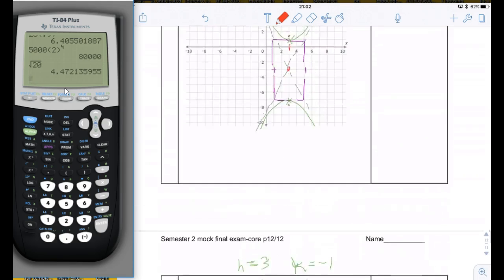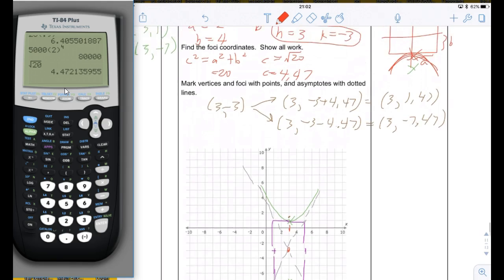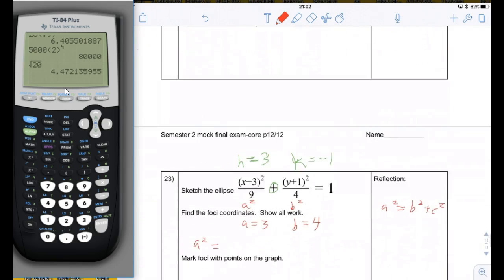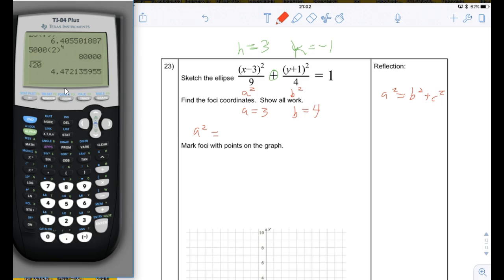And by the way, for the formula sheet on the hyperbola, you're going to want to write that the equation for c is this one here, which is a little bit different, right? Okay, and so a squared equals b squared plus c squared. So we know that it is 3 squared, which is 9, equals 4 plus c squared.